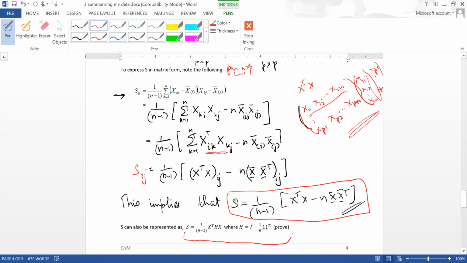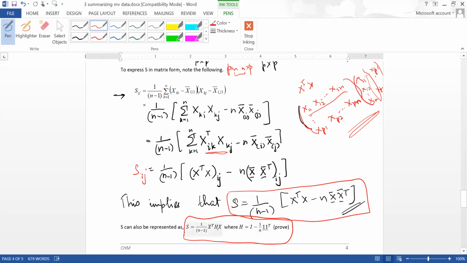Actually, we are going to use this one more, right? I'm asking to prove. Can you try? S can also be represented as 1 over n minus 1 x transpose x.